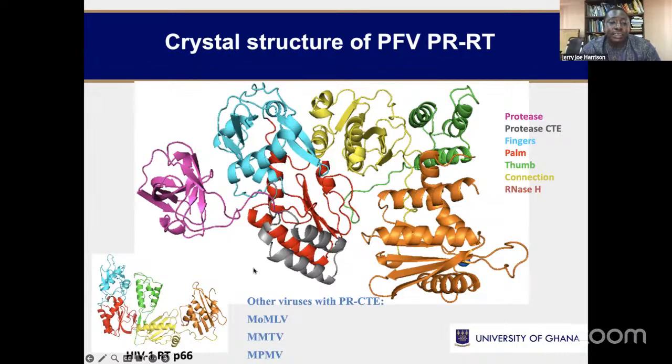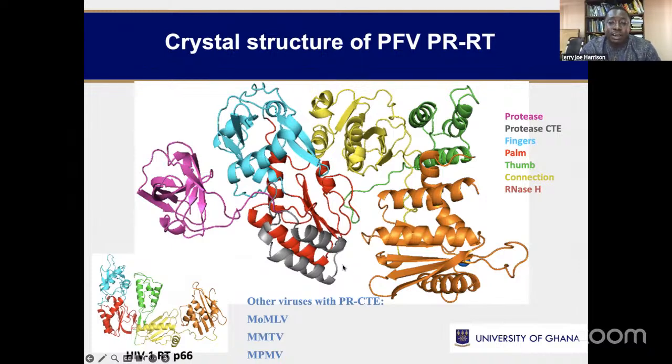The protease was a monomer, which is hanging on the left here. But in addition to the protease, for foamy virus, there is additional sequence between the protease and the RT, which we call the protease extension, and that we found to be packed against the palm subdomain in the structure.